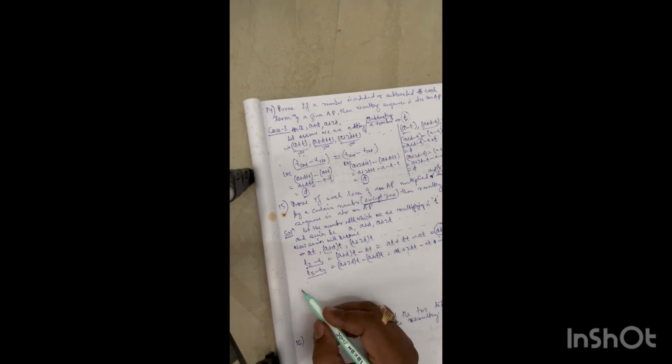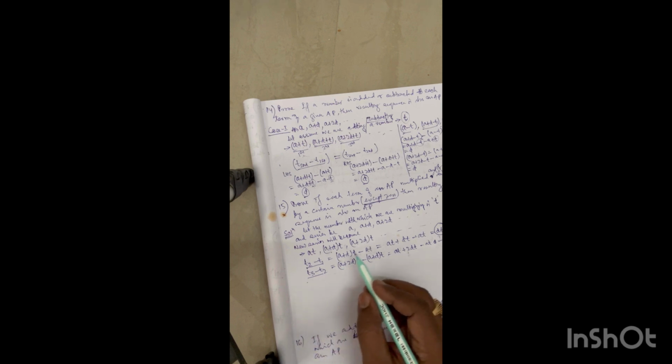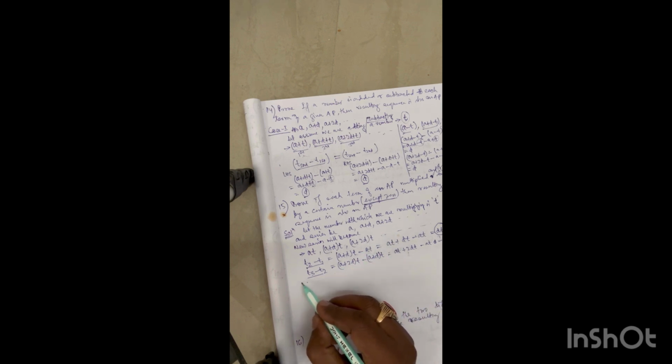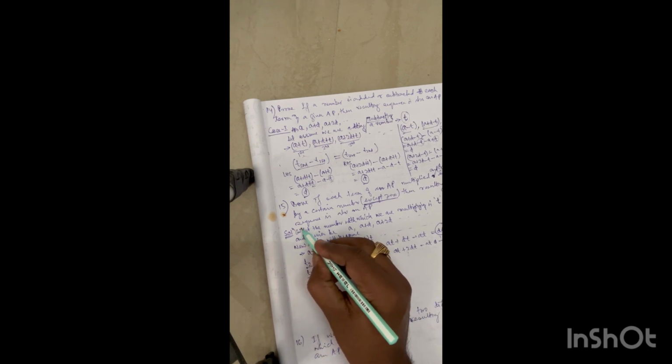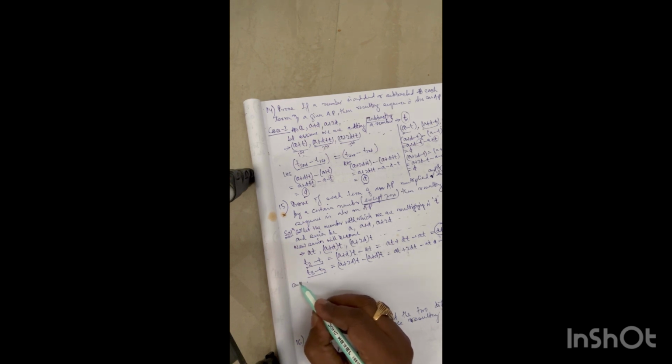So there is a difference. Here you can see the common difference I am getting is the common difference of the actual series into the number multiplied. So there is a rule for that. Now for case 2, I will do the same thing for division.